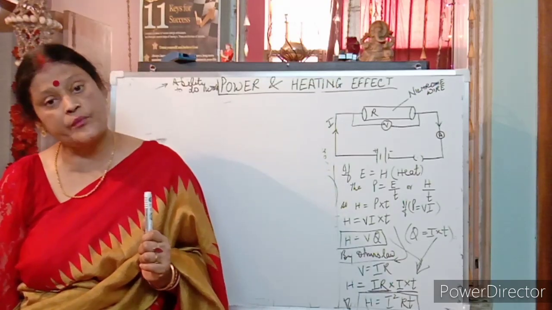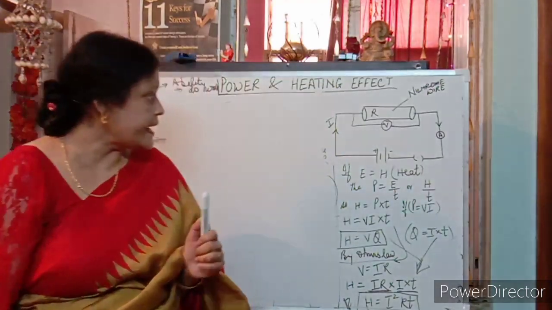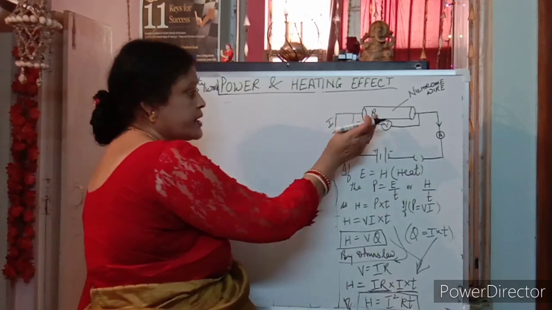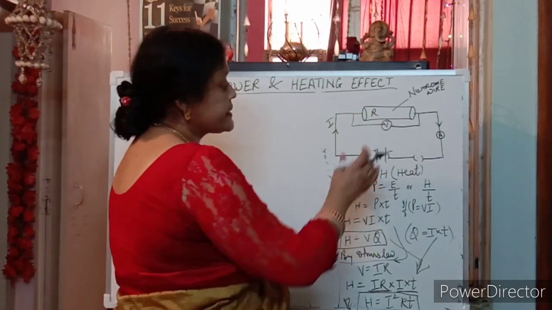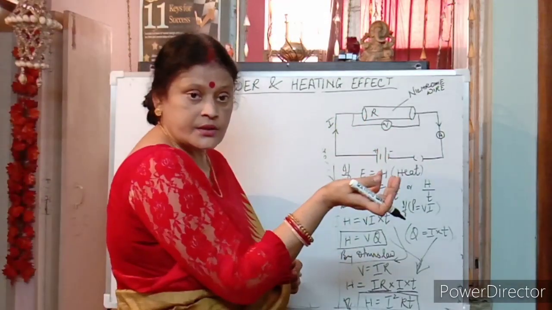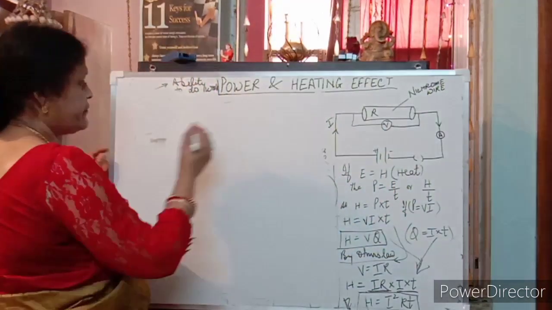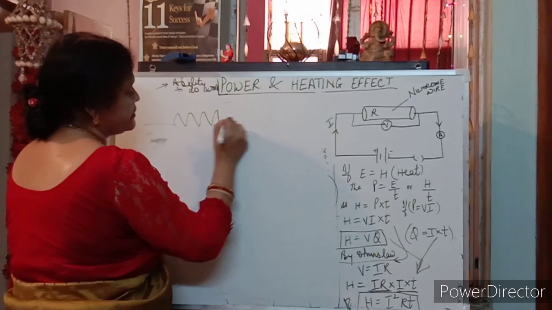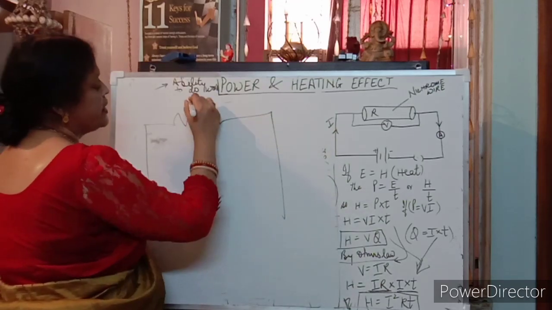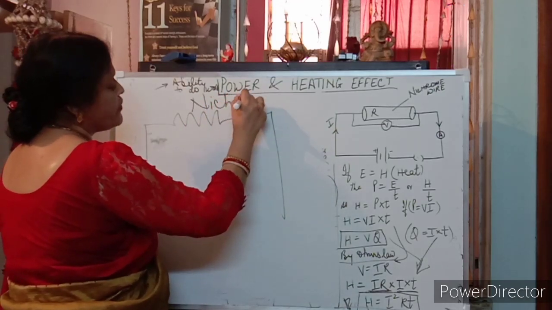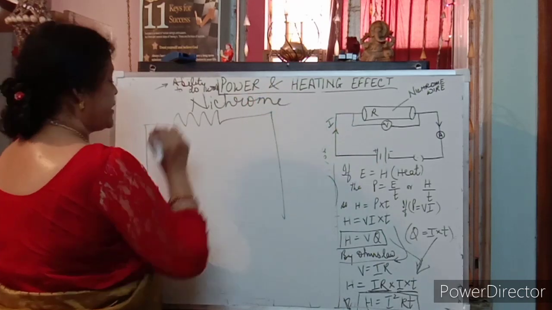This is very important. Suppose I take any gadget, or any resistance. Every gadget has its own resistance. So the wire has its own resistance. If I take a high resistance wire, suppose nichrome wire, which has high resistance.